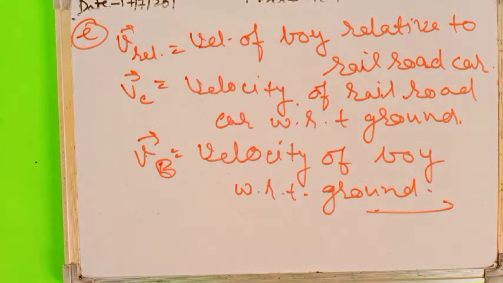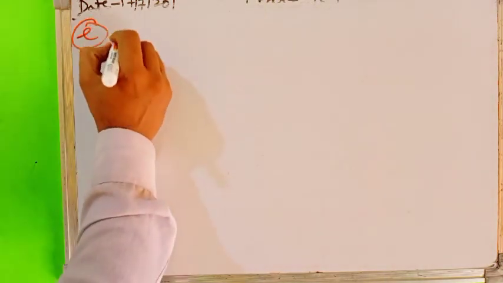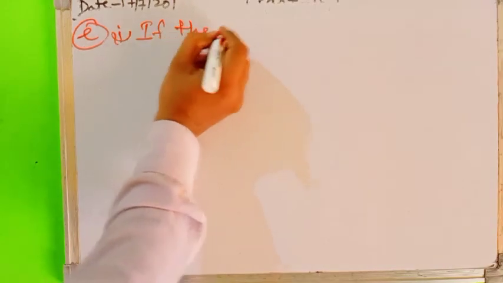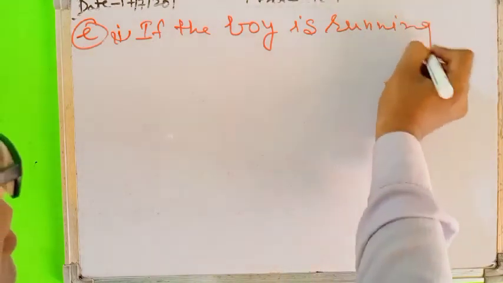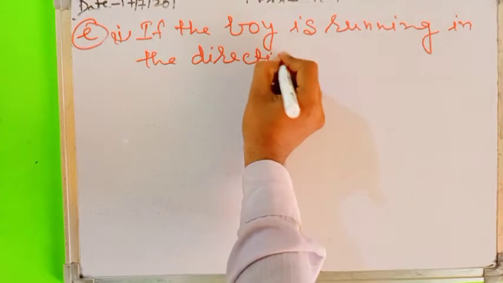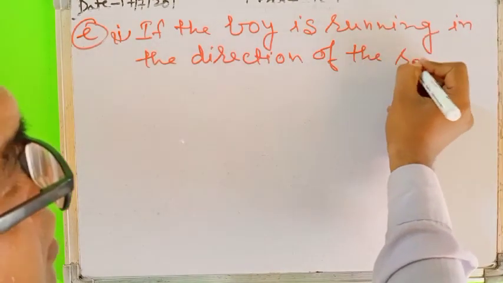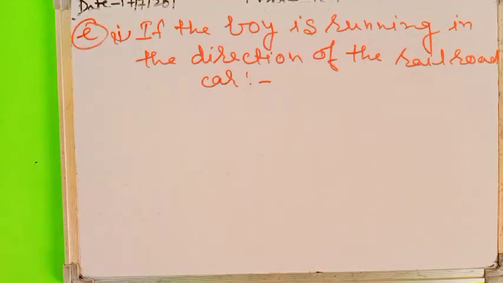So here also two cases arise. Case first is if the boy is running on the railroad car in the direction of the railroad car.